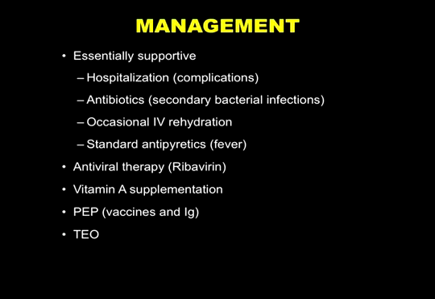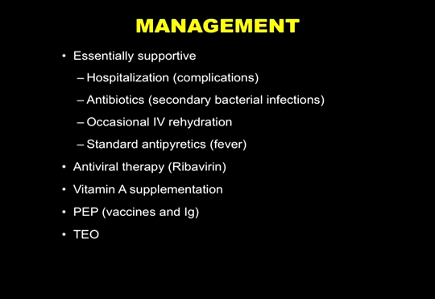So you need to give them antibiotics. And then occasionally you may have to rehydrate them using intravenous fluids. Okay? And then temperature can go as high as 40 degrees. And these children tend to get febrile seizures. So you need to control the temperature using the standard antipyretics.